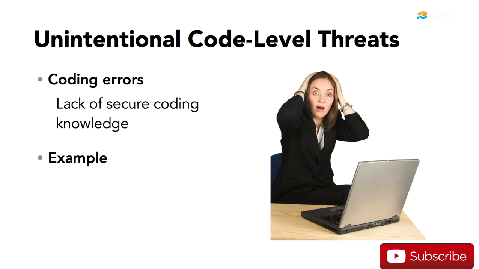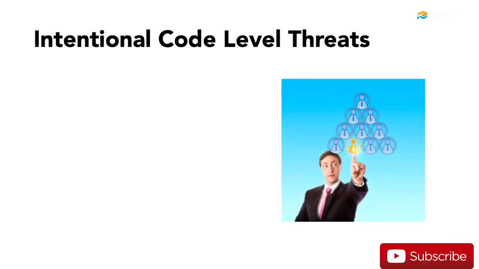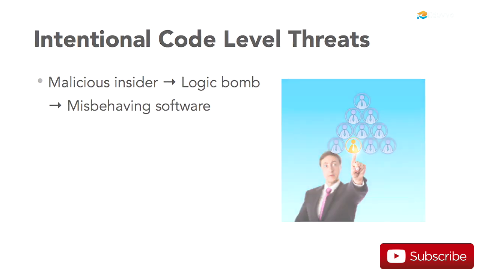For example, there are built-in function calls in C you can make, which is vulnerable to buffer overflow attacks. Intentional code level threats include malicious insiders who can plant a logic bomb in the source code. The logic bomb will eventually make the software misbehave or vulnerable.